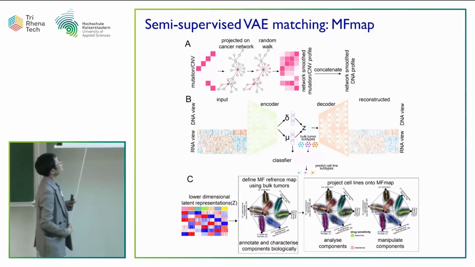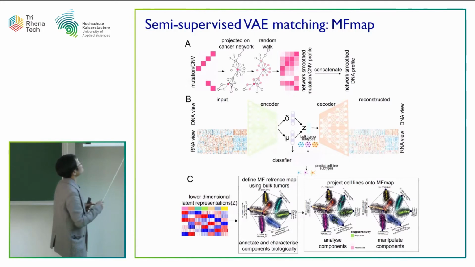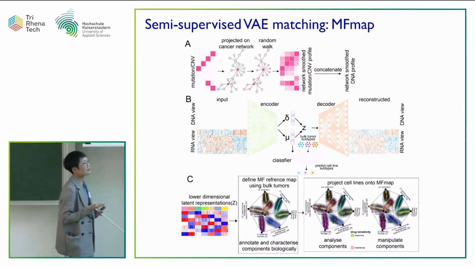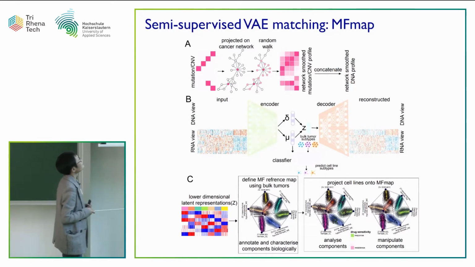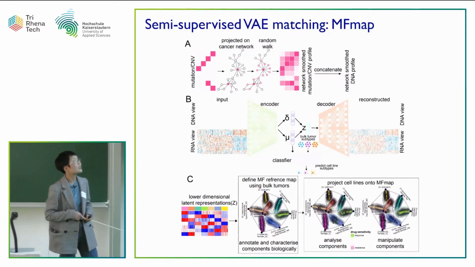By running a diffusion algorithm like a random walk on the network, we can propagate the binary signal into a continuous matrix enriched with the network information. Therefore, we get a dense data. And then combining the network-propagated data together with the gene expression profile, we formed the two views of the MFmap input layer.